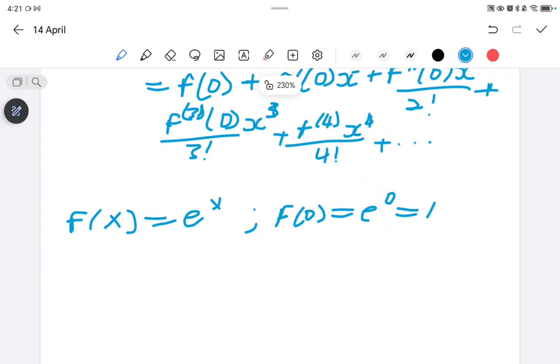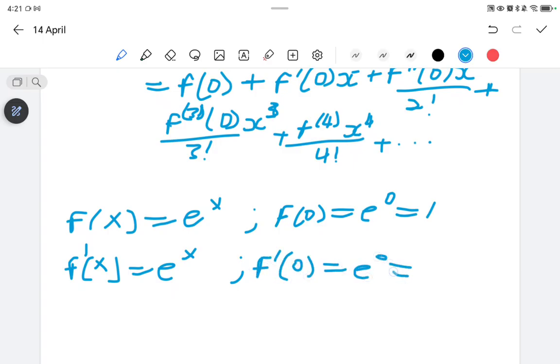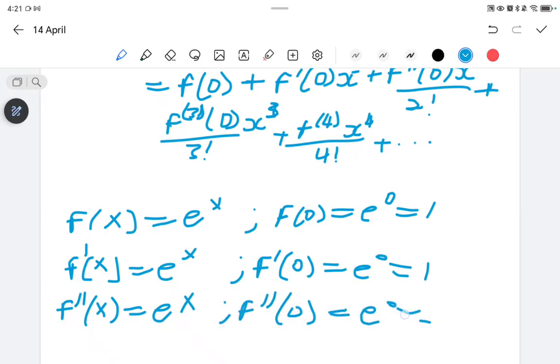And then we have f'(x), which remains the same, and f'(0) is e^0, which is 1. f''(x) remains the same, and f''(0) equals e^0 equals 1.